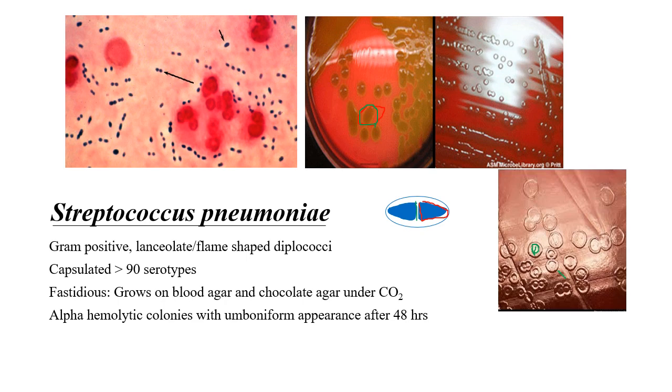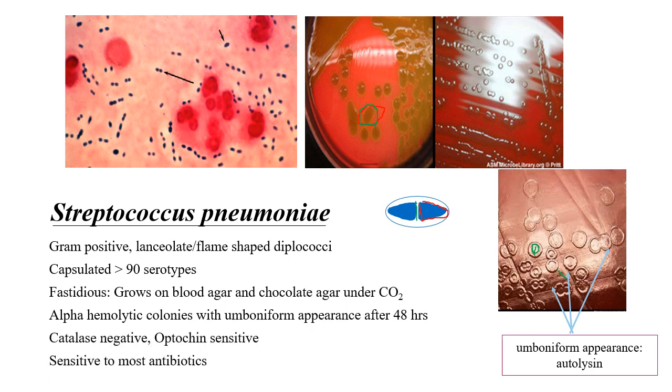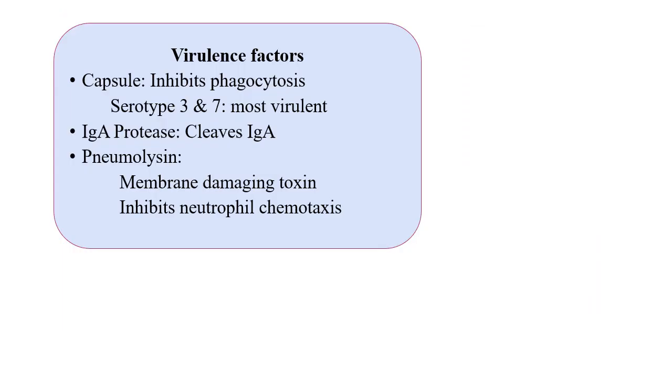It is because of the enzyme autolysin. And this is a typical picture of Streptococcus pneumoniae after 24 or 48 hours. It is catalase negative, it is optochin sensitive, and again it is sensitive to most antibiotics, just like Streptococcus pyogenes and agalactiae.